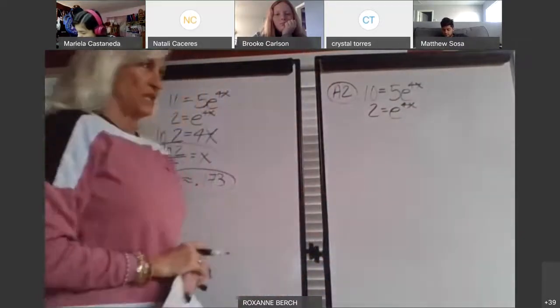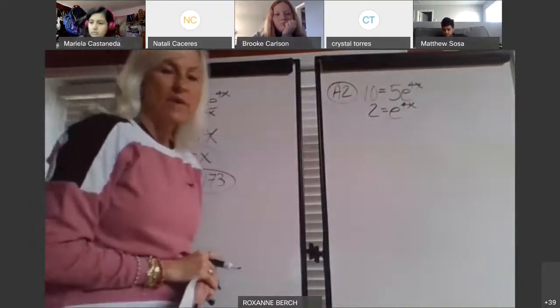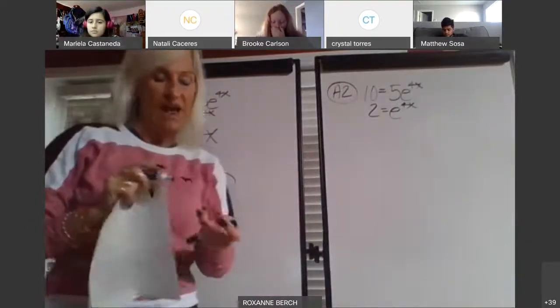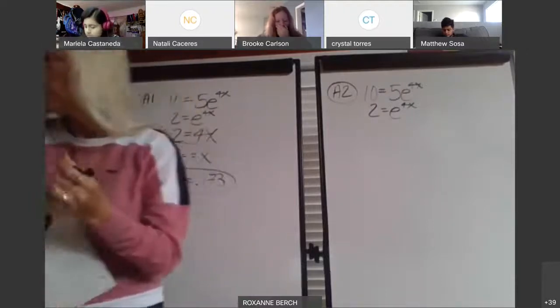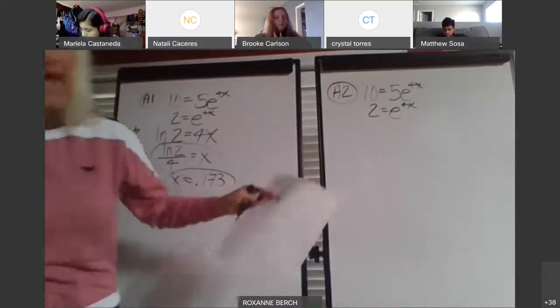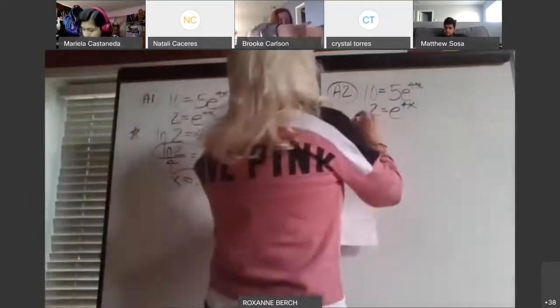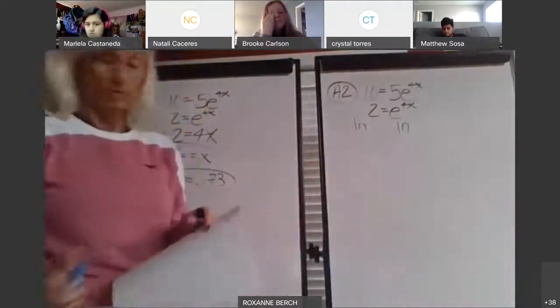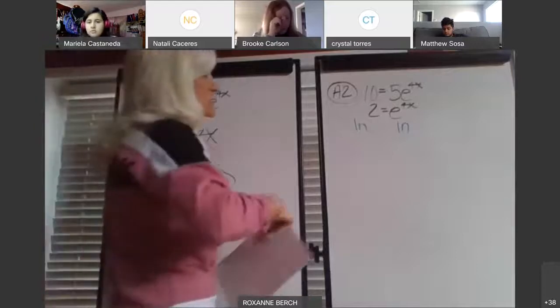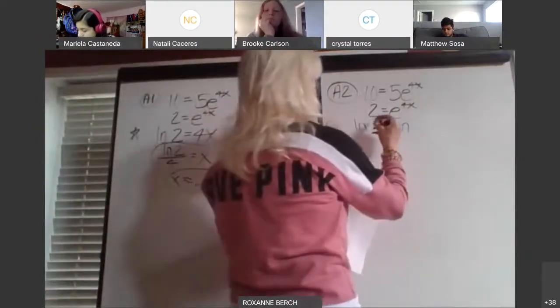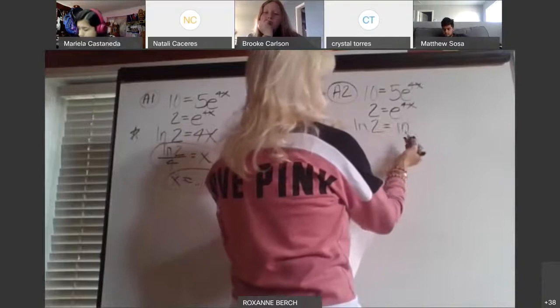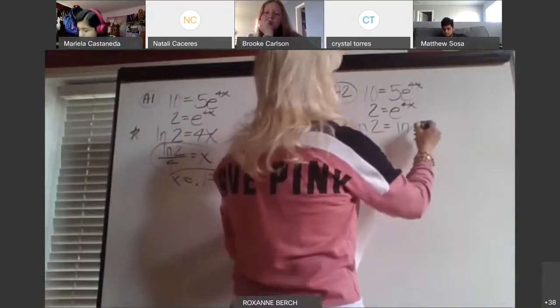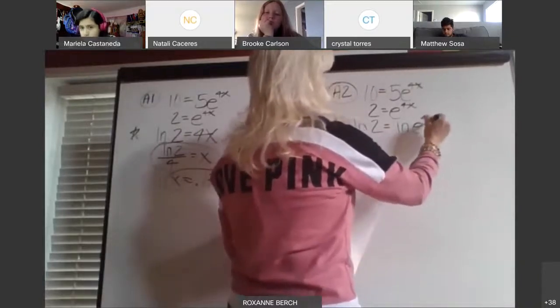Now what I'm going to do is take a natural log of both sides. So I'm going to get natural log of 2 is equal to natural log of e to the 4x.